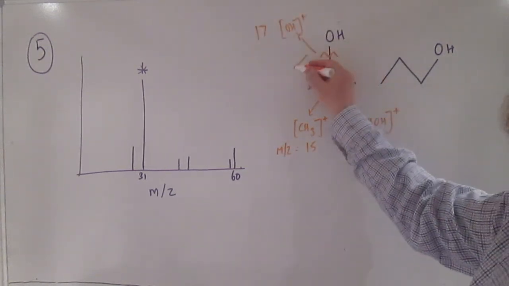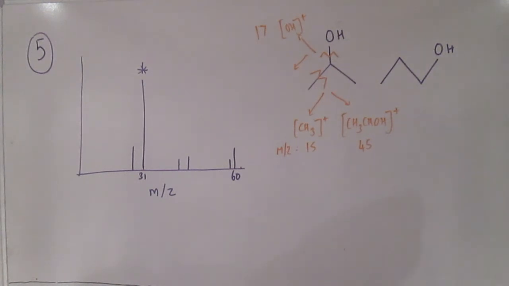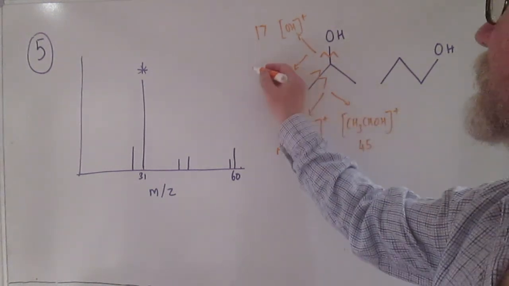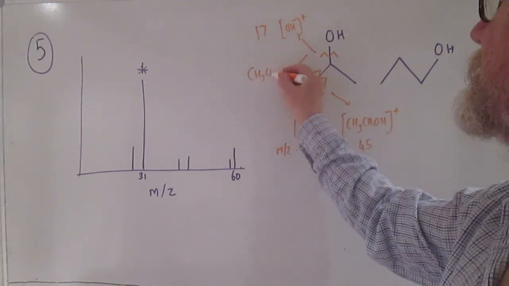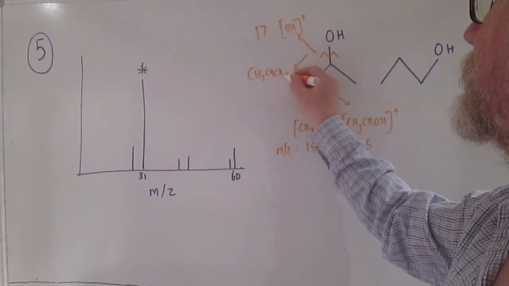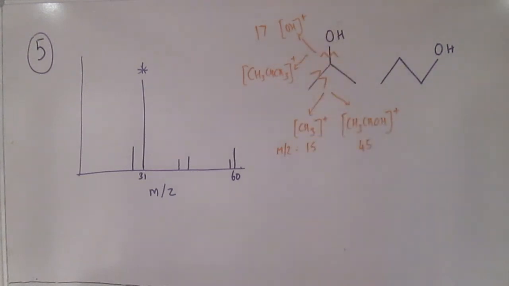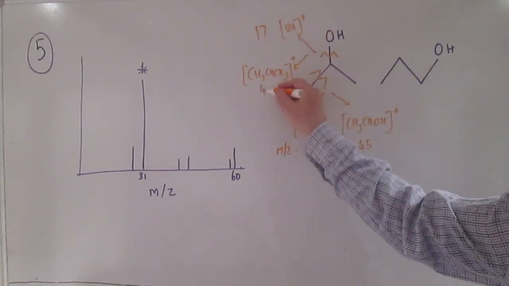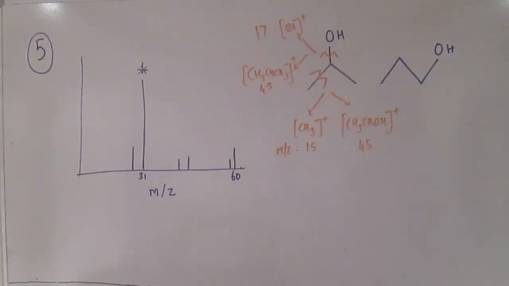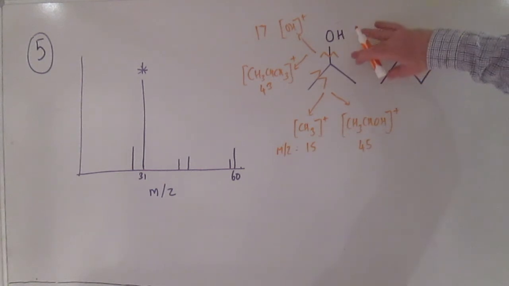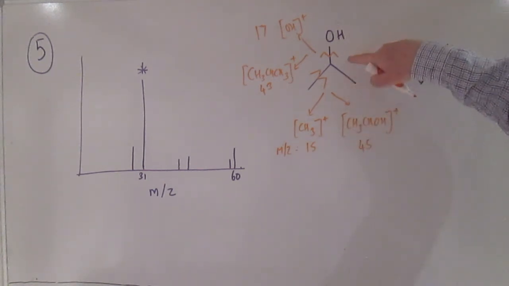So that doesn't help us. And we would get CH3CH3 plus if we got the positive charge on this fragment, and that comes in at 43. So again, it doesn't explain the fragment at 31. So those are the only possibilities.